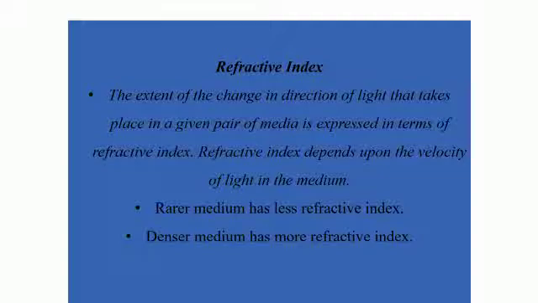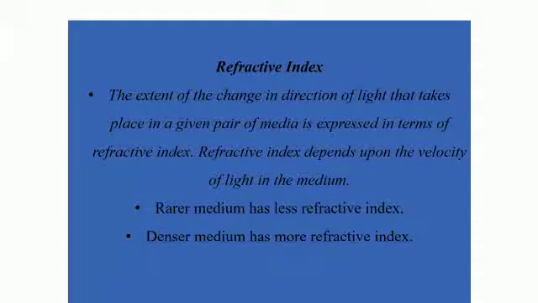Refractive index depends upon the velocity of light in the medium. We know that the velocity of light in air and vacuum is highest and it decreases in water and glass. This is because air is a rarer medium, whereas water and glass are denser mediums.